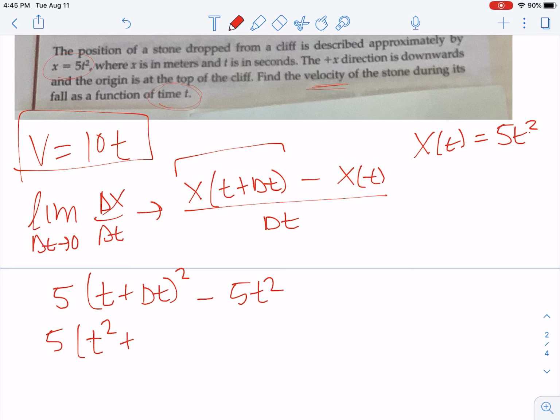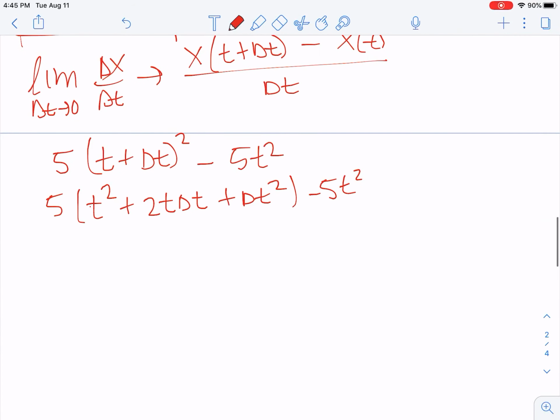So we're going to get 5 times t squared plus 2t delta t plus delta t squared. So that's just how you do a sum squared, minus 5t squared. We can distribute the 5 now.